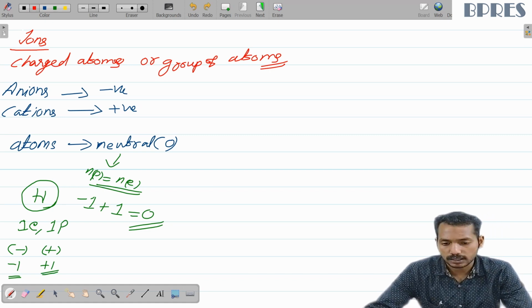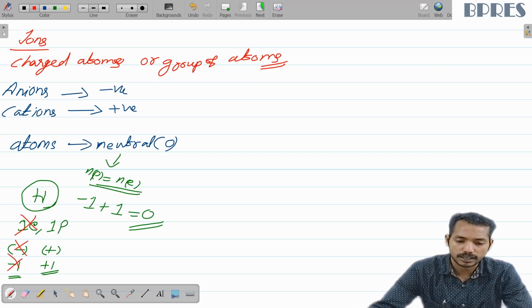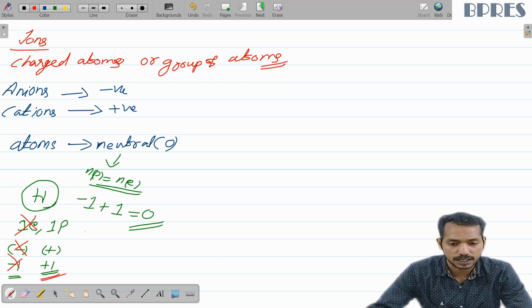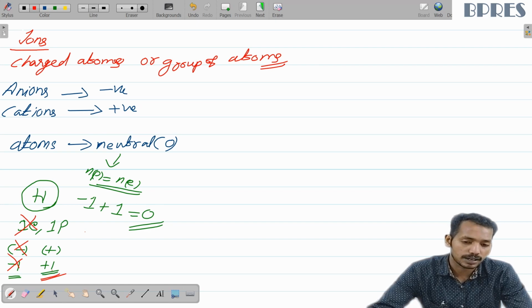Suppose one electron is lost by this hydrogen atom. This negative charge will be removed, so it will have only positive charge. So it will acquire one positive charge and become the H+ cation. Now how does a hydrogen atom acquire negative charge?